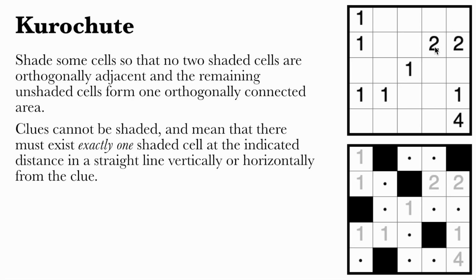This 2 clue is the same thing but 2 spaces away, and it's right here. Note that there is a shaded cell closer than that. That's fine. It's just saying that at a distance of 2, there will be exactly one shaded cell. Those are the rules of Kurochute, so it's time to solve a puzzle.